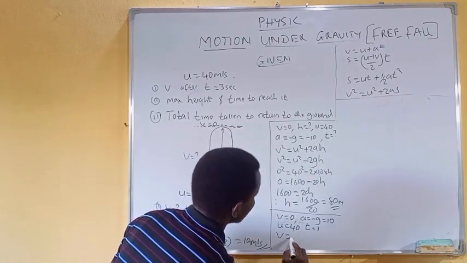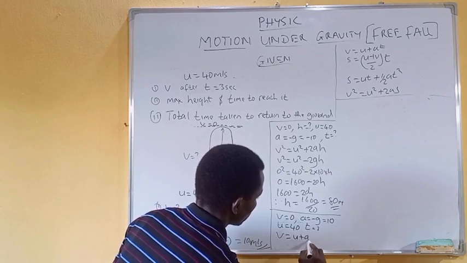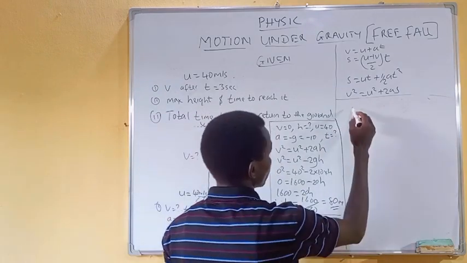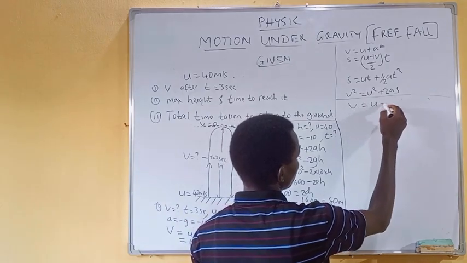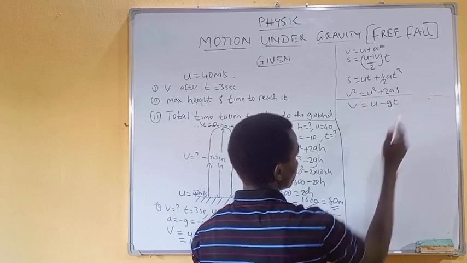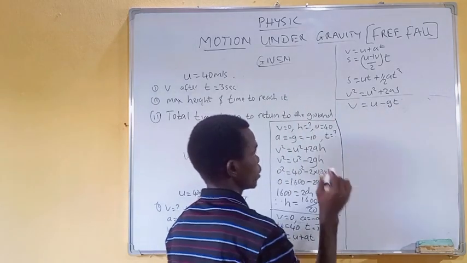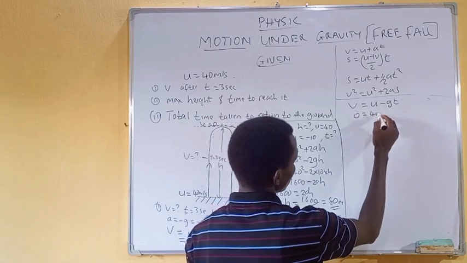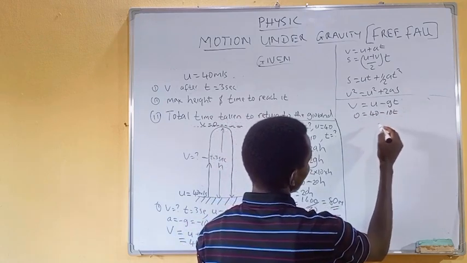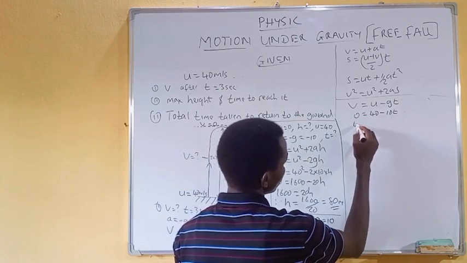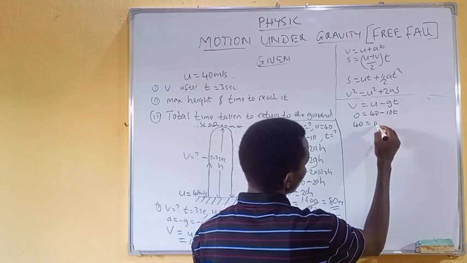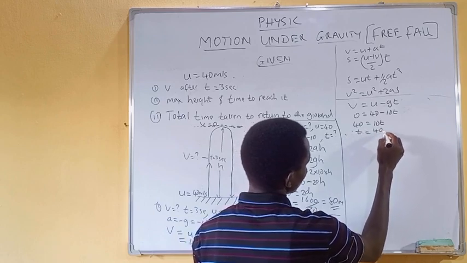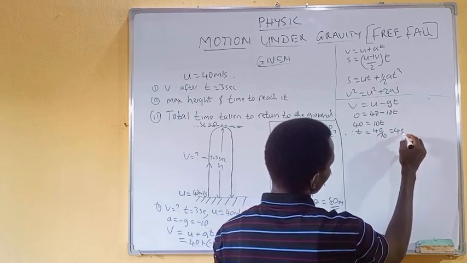Now V is equal to U plus AT, which is V is equal to U minus GT. Since it is an upward movement, we now have V, which is 0, equal to 40 minus 10t. Move this one to the other side, we have 40 is equal to 10t. Therefore, time is equal to 40 divided by 10, which is 4 seconds.